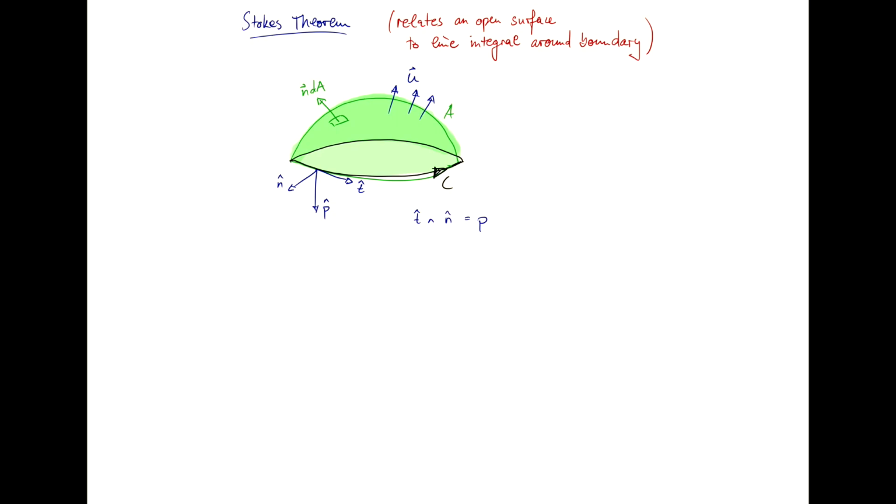And there's a bit of an arbitrariness to Stokes' theorem because you have to pick the direction of what's outside and inside of your surface, i.e. the direction of your normal n.